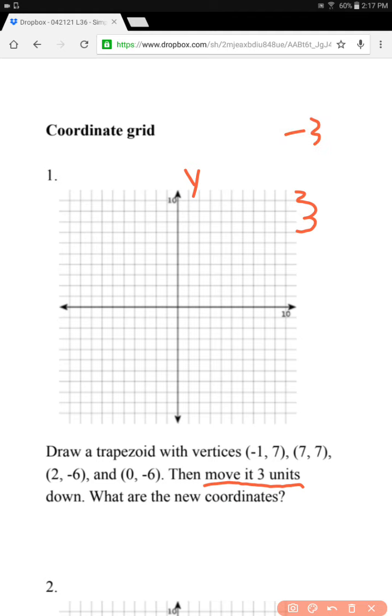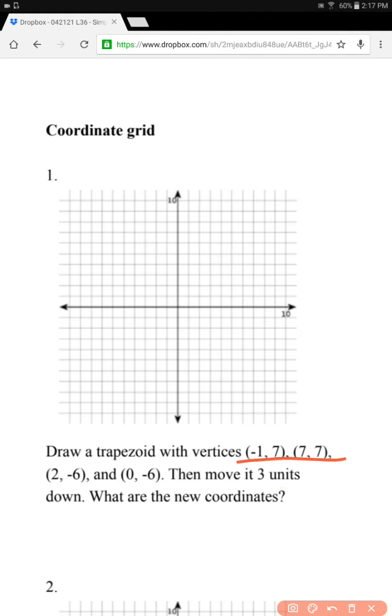So, for example, if we have -1, 7, and we move it 3 units down, it's going to be -1, 4. All we did is subtract 3 from the y value: 7 minus 3 is 4.